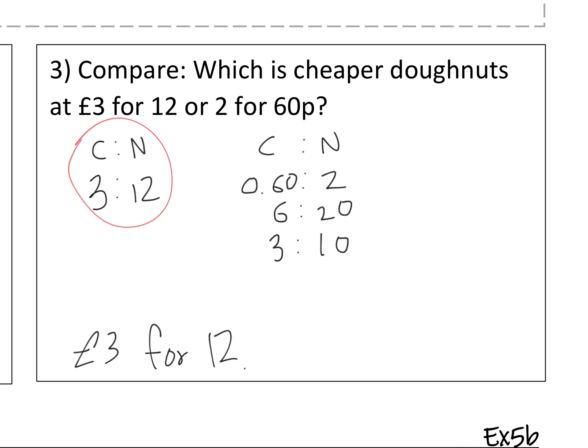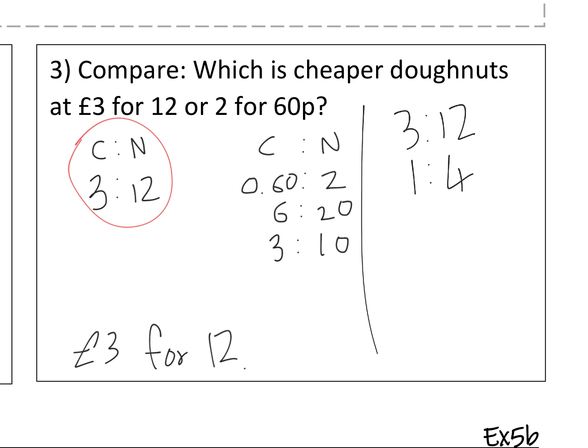Just to take you through the other approaches then you could have taken, that would be to work out how much would £1 get you. So the first one, it was 3 to 12 was the ratio. So if I go 1, divide both sides by 3, £1 would get you 4 donuts.